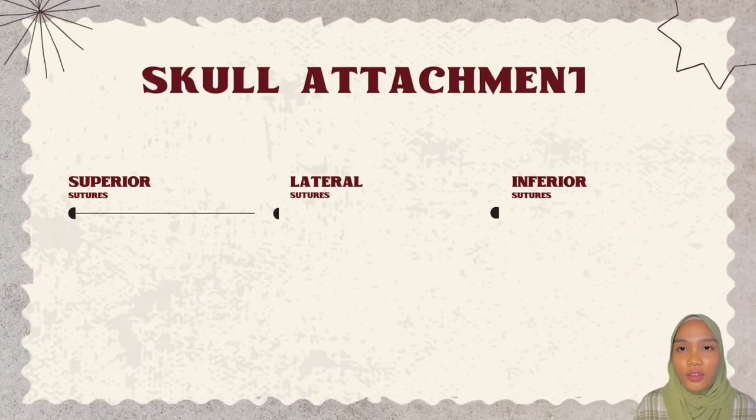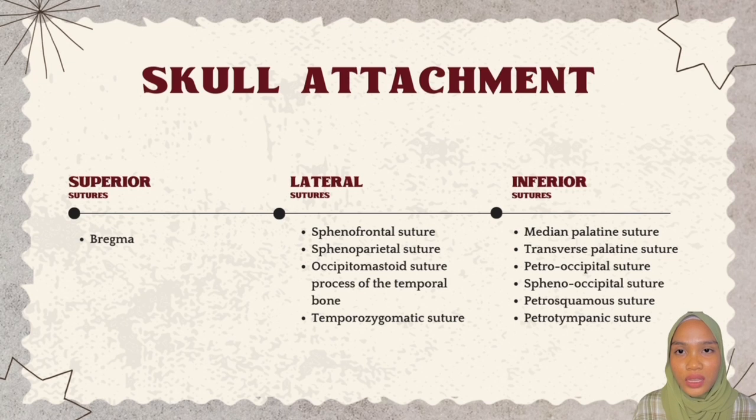Here is the list of other sutures included in the attachment of the skull. At the superior view, we have bregma. At the lateral view, there are sphenofrontal suture, sphenoparietal suture, occipitomastoid suture, process of the temporal bone, and temporozygomatic suture.